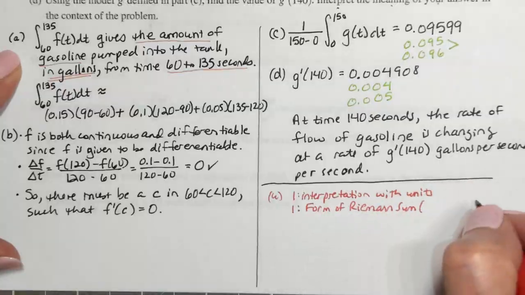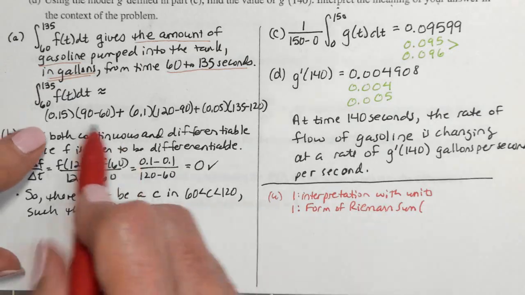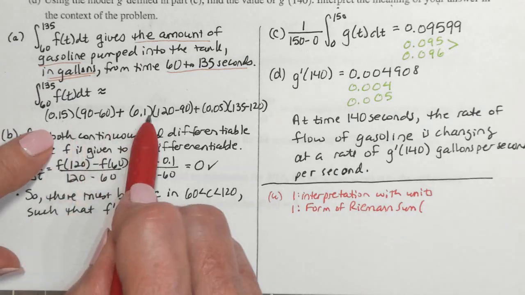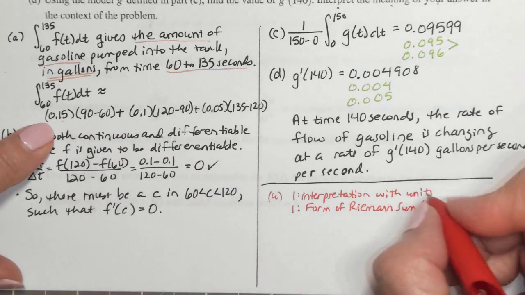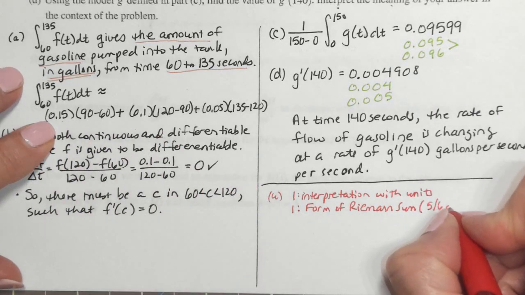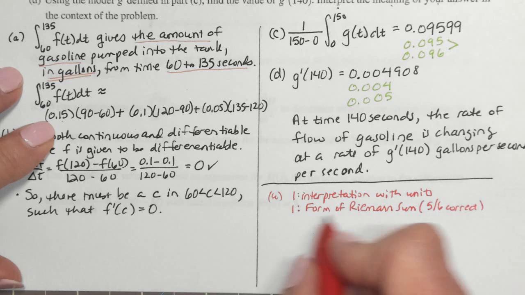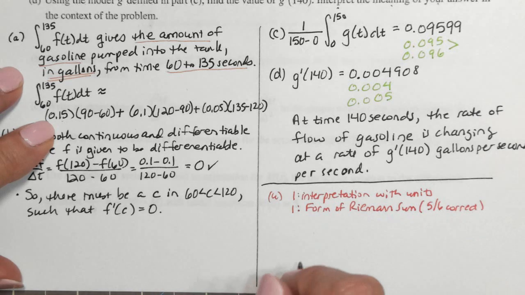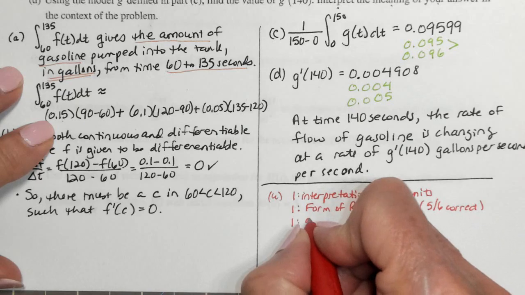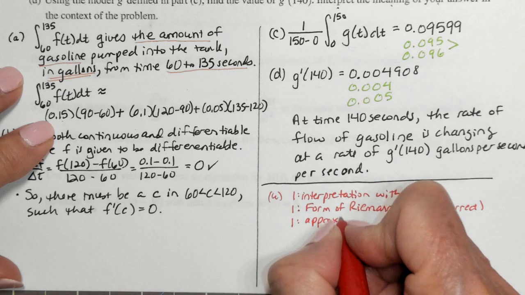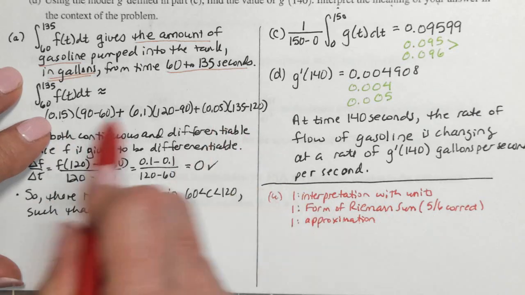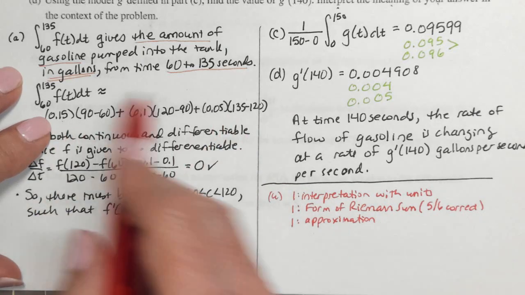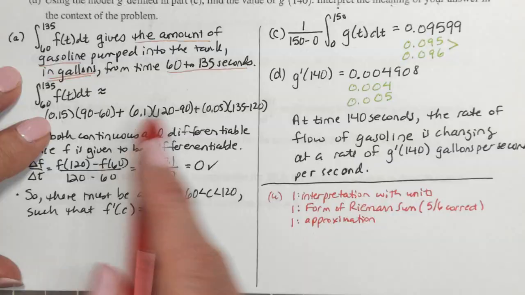And they made a note that said there are 6 values here. 5 of those have to be correct. So 5 out of 6 have to be correct in order to get that form of the right Riemann sum point. And then 1 point for the approximation, in which all of them must be correct. To get the approximation point, they all must be correct.